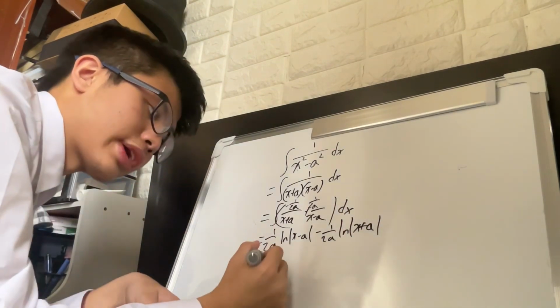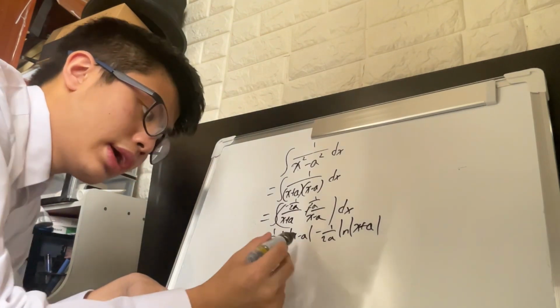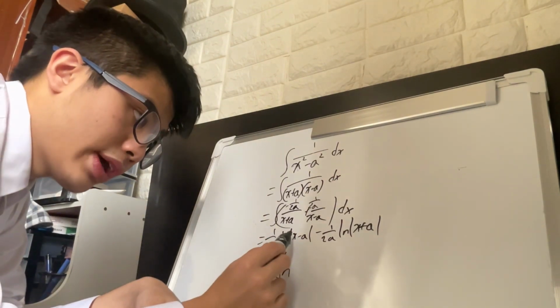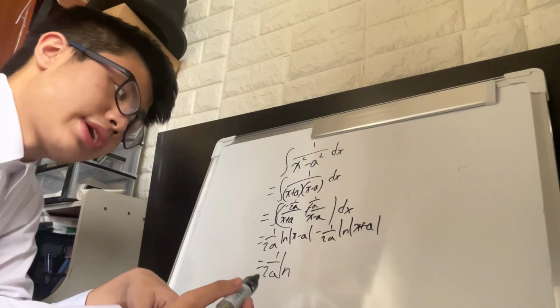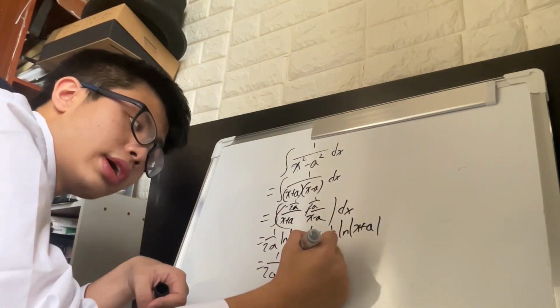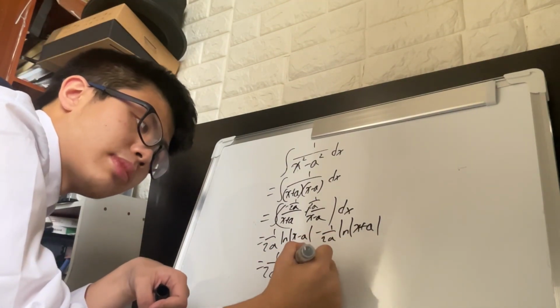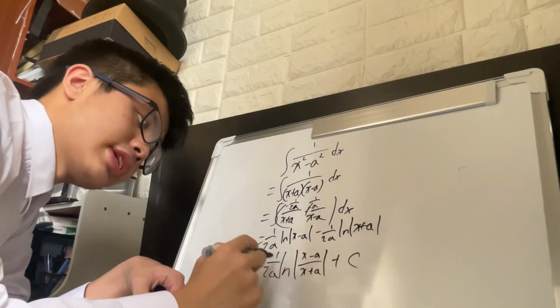So you can combine it to 1 over 2a times ln of x minus a minus ln of x plus a, which by log properties is equal to ln of the absolute value of x minus a over x plus a, plus c, and that's our second formula.